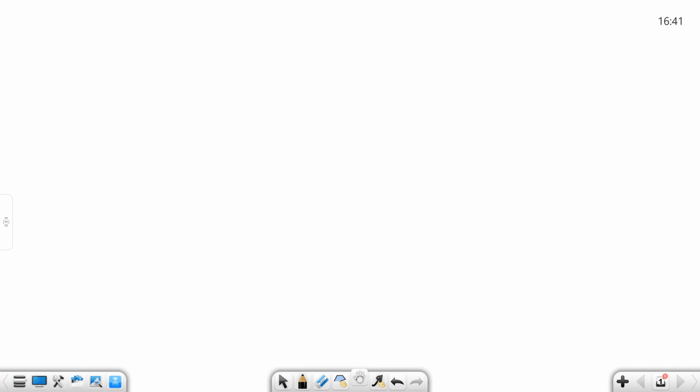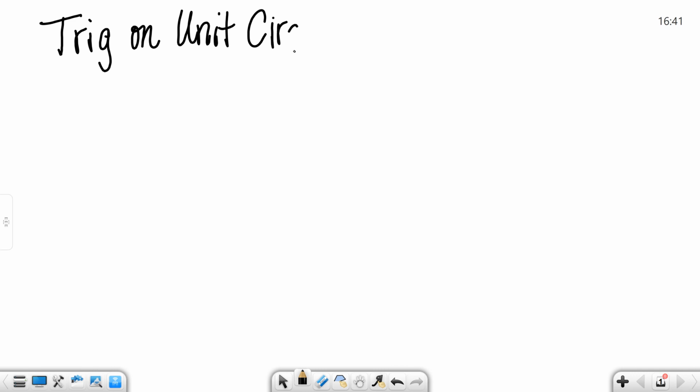And so now let's talk about trig on the unit circle. Now we did some trig in section 3 where sine was y over r, cosine was x over r, and so this is very similar to that. We just are using the idea now that we know that r is actually 1.